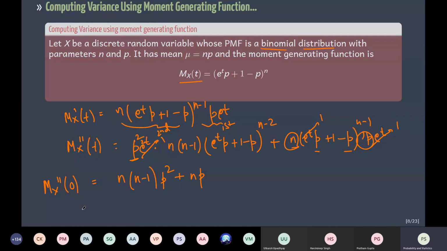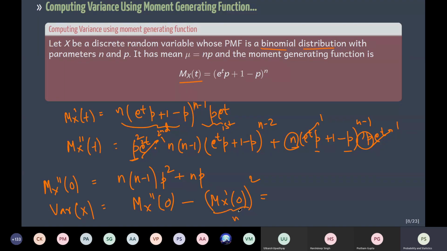So the variance of X we know is M_X double prime 0 minus M_X prime 0, squared, because variance is the expectation of X squared minus the expectation of X, whole squared.